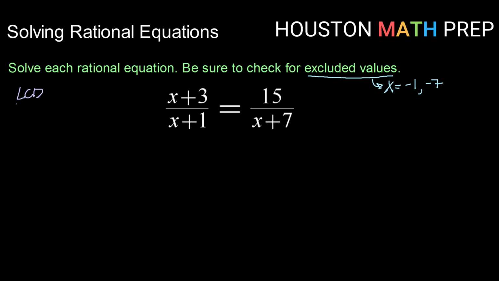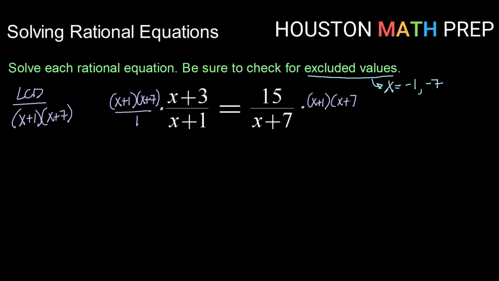Looking for our least common denominator, that is going to come from factors of our two denominators being multiplied. So I'm going to multiply both sides by x plus 1 times x plus 7 over 1. And simplify as I go.